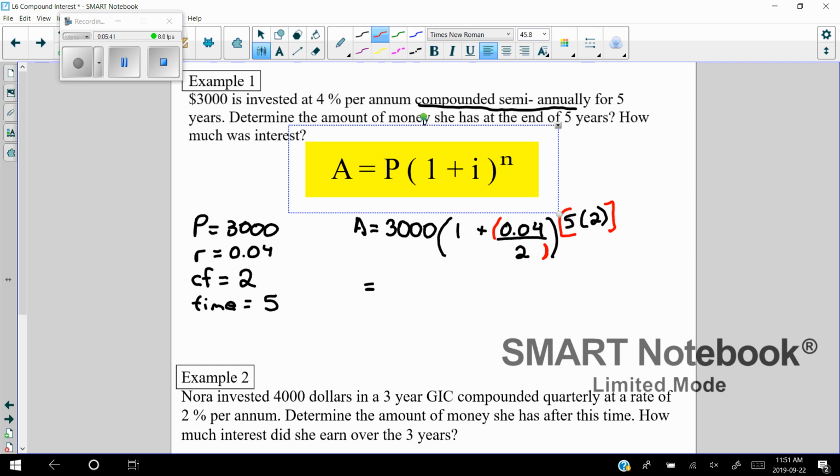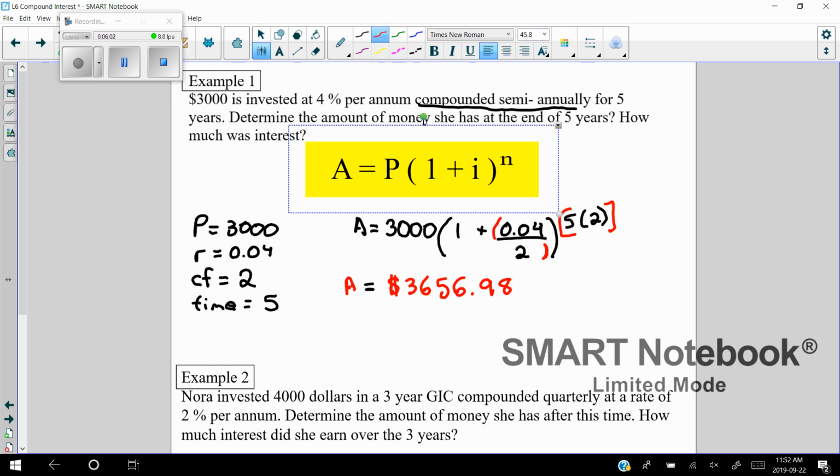Okay, so I got A equal to $3,656.98. So this is how much money they have in their account at the end of the 5 years.